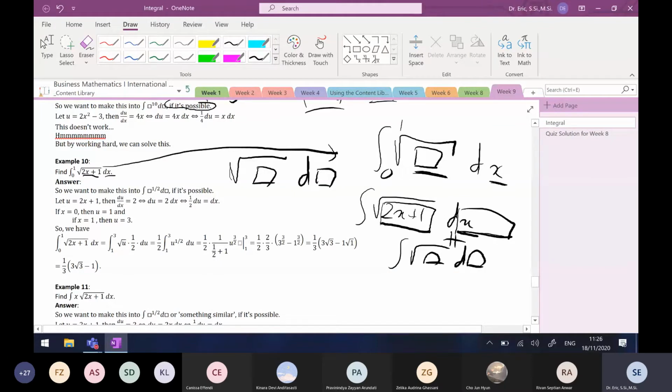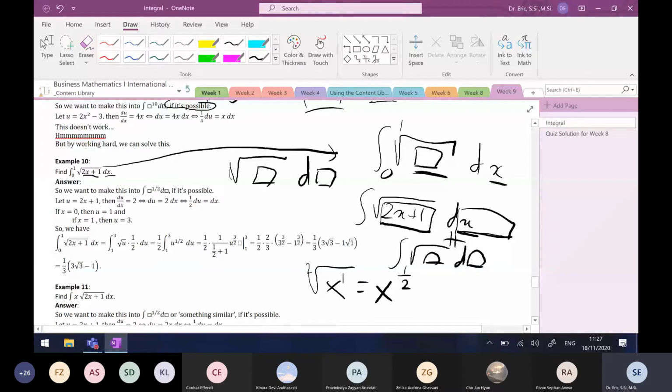So the second option is the substitution technique. Can I change this into square root of box d box? What is box? Box is u. Square root of something is just something to the power of a half.